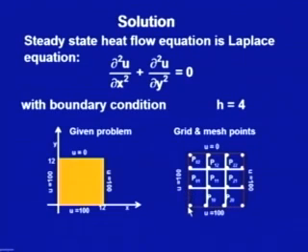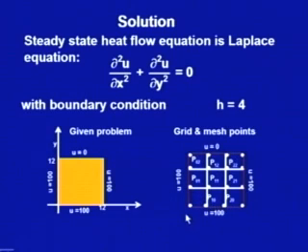We get here p 0 0, this is the point p 0 1, this is the point p 0 2, this point would be p 1 1 and so on. On the boundaries, u 0 0 is 100, u 1 0 would be 100, u 2 0 would be 100 and so on. On this side we have u 1 3 is 0, u 2 3 is 0 and u 3 3 is 0. Like this we have it.